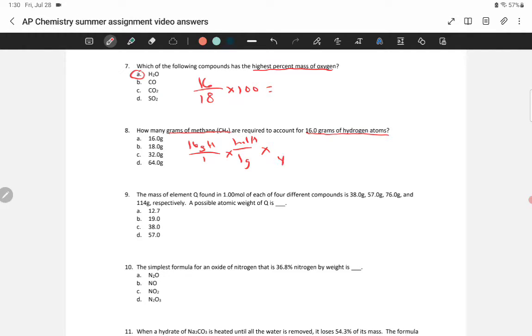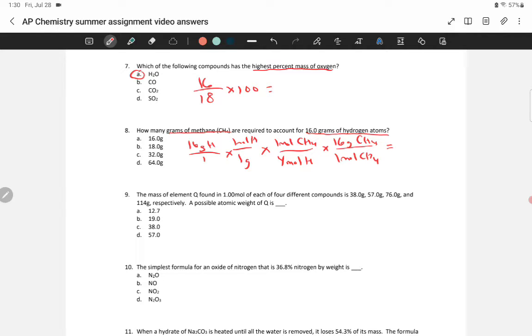So there are 4 moles of hydrogen in 1 mole of CH4. And then moles would be terrific, but we need to get it in grams because all the answers are in grams. So in 1 mole of CH4, I'd go on the periodic table, and that weighs approximately 16 grams of CH4.